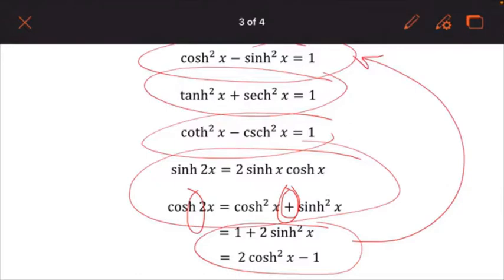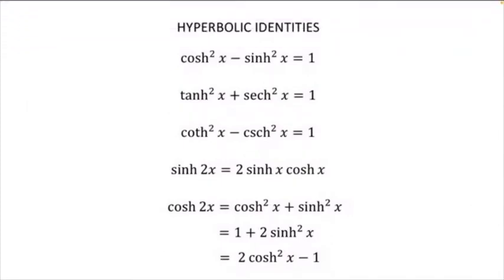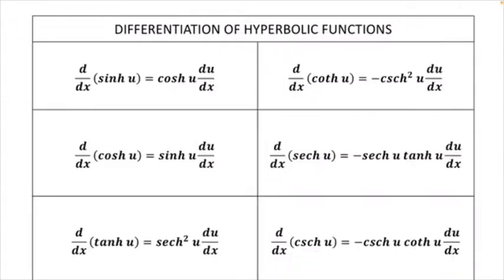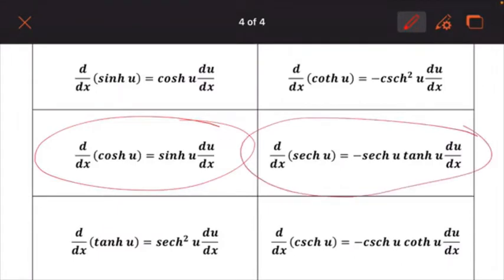Okay, so now let's go to the derivatives of hyperbolic functions. As you may see, the derivatives are quite similar to the derivatives of trigonometric functions, with the only difference in the derivative of hyperbolic cosine and the derivative of hyperbolic secant.